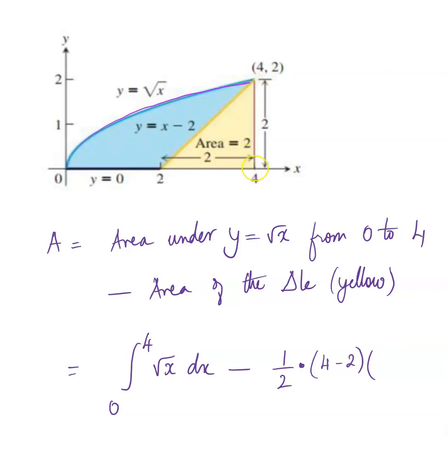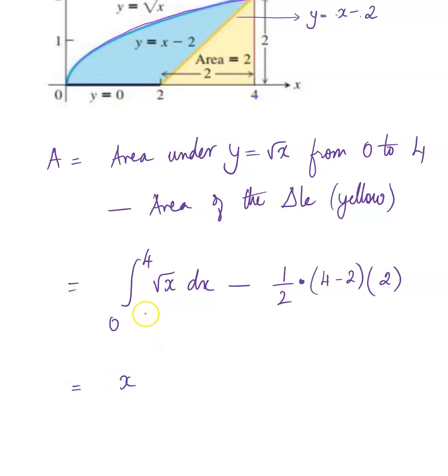So if you plug in 4 at the function, you get 2. The square root of 4 is 2. Because they meet at that point, you can also plug it in for the line. The line is y equals x minus 2, right? So if you plug in 4 for x, 4 minus 2 is 2. So it's going to work either way. So that's there.